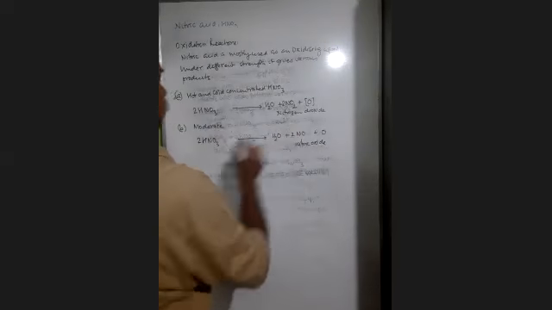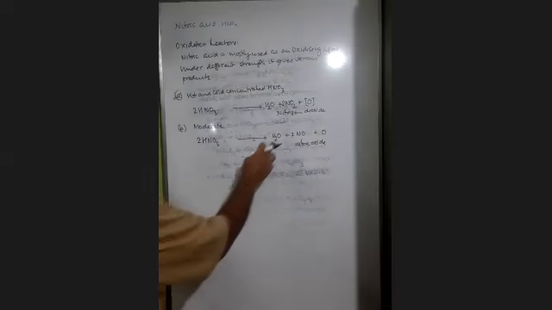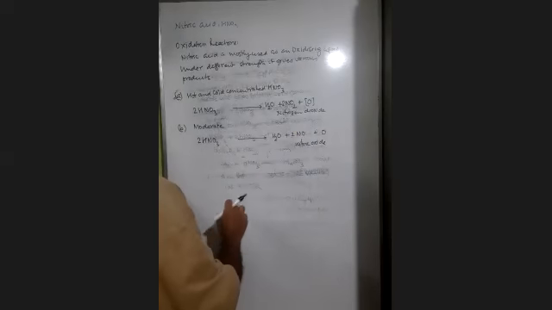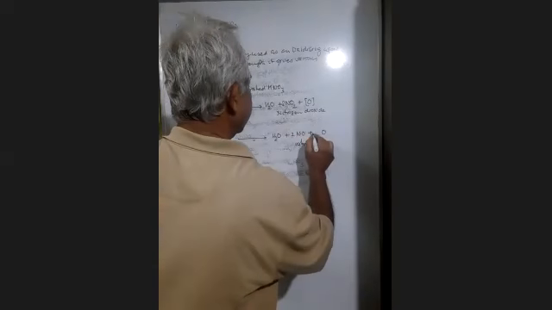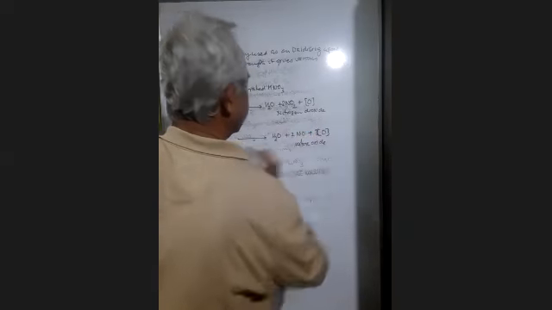I'll write 2 nitrogen. Now let us see the oxygen. 1 plus 2, 3. So here 6. So what should I write now here? I'll write the oxygen.